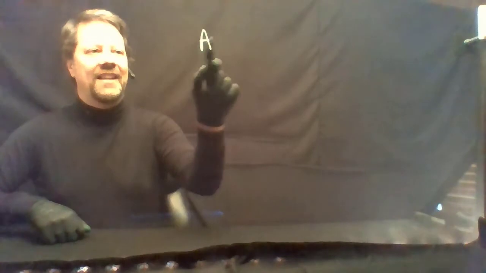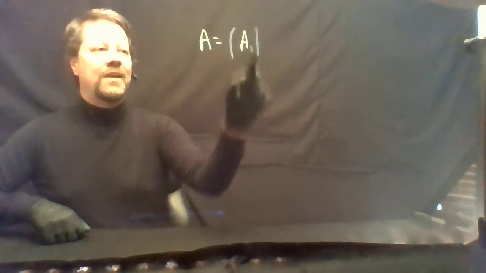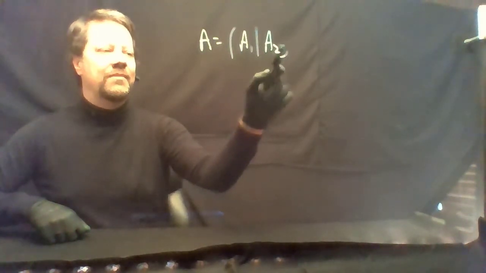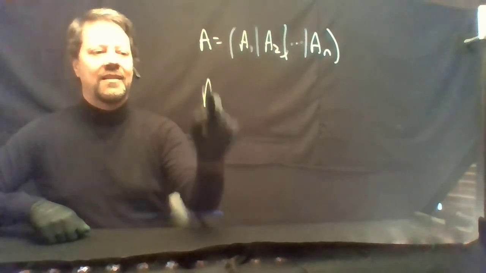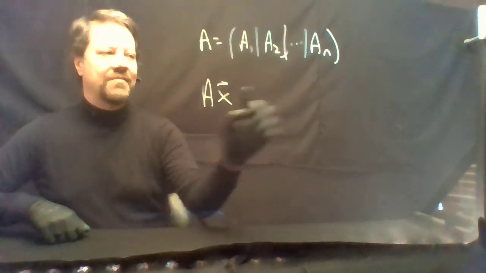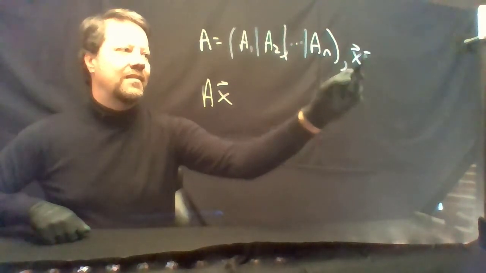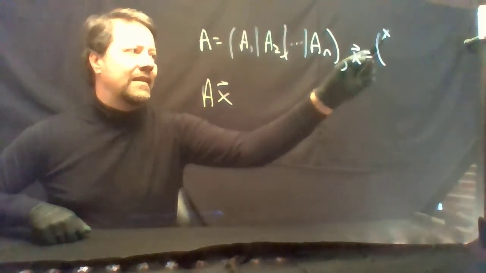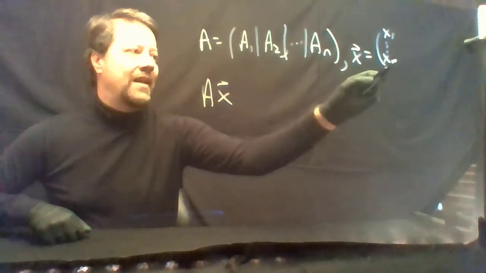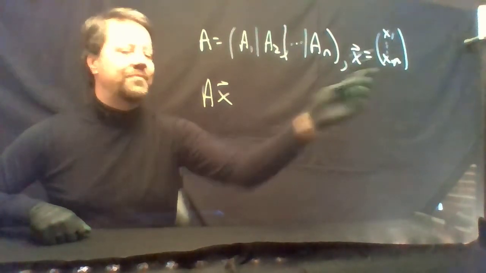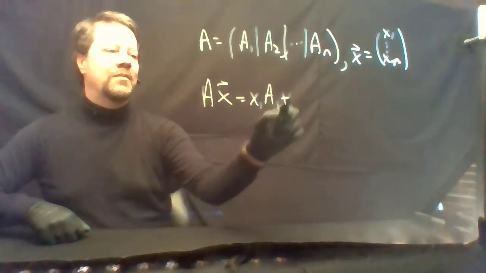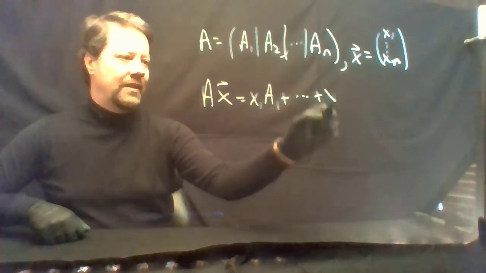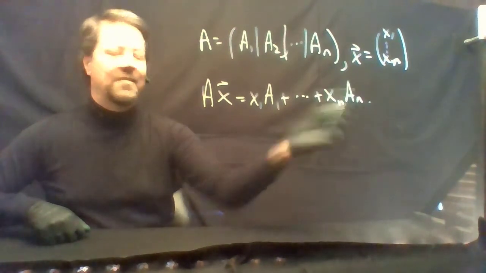Remember that if A has columns A1, A2 to AN, then A times X, where X is X1 through XN, will be X1A1 plus through XNAN.